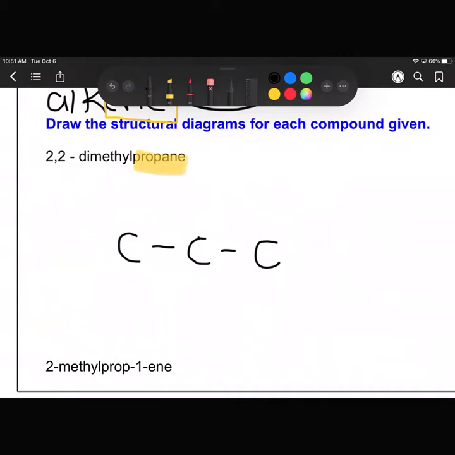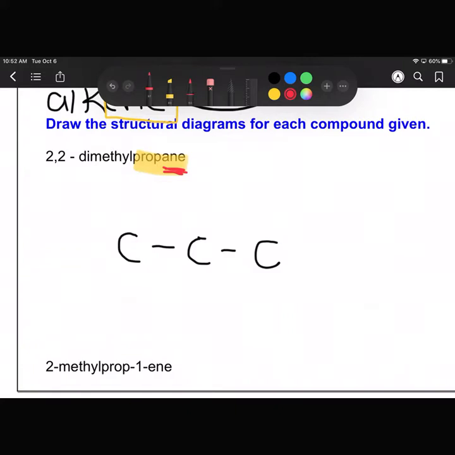Do we need any double or triple bonds? The answer is no, because propane is an alkane, so it doesn't require any double or triple bonds. We're done with propane. That's all we need to do there.